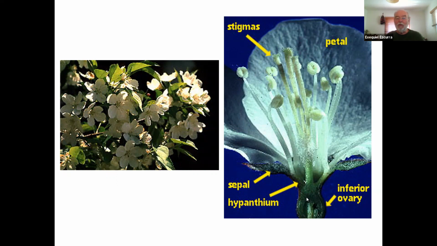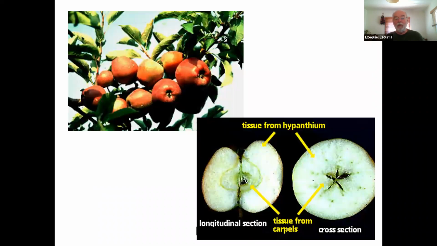The hypanthium is fused with the pistil, and so all the other flower parts, the sepals, the petals, and the stamens, are attached above the ovary. So it's the only subfamily within the Rosaceae that has a truly inferior ovary, and this defines the fruit it has, which I'm going to show you in a second.